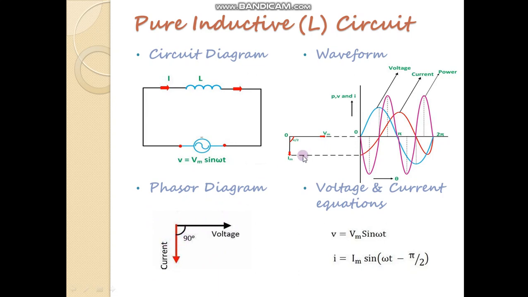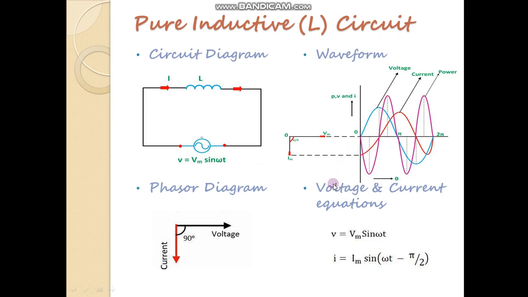You can also observe this in the waveform: we have taken the voltage graph from 0 as a reference, then this current, this red graph, starts 90 degrees later than the voltage waveform. So for the pure inductive circuit, the phase difference between voltage and current is exactly 90 degrees.